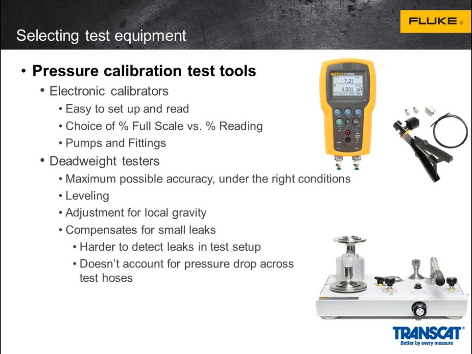And frequently under field conditions, it's just not possible. You're working out of the back of a pickup truck, and even if you work very, very carefully, it's virtually impossible to replicate the accuracies that you would find in a lab. And so frequently, even though deadweight testers have a great deal of potential, under field conditions they're usually not as accurate as an electronic calibrator.